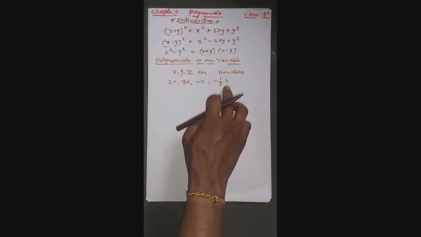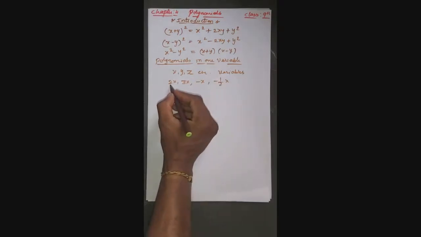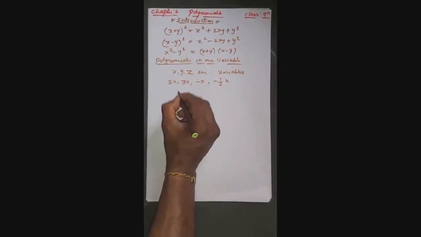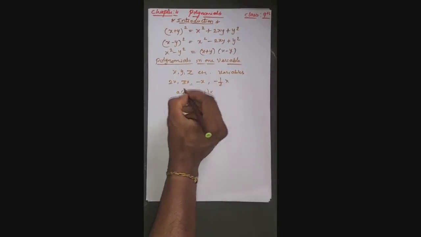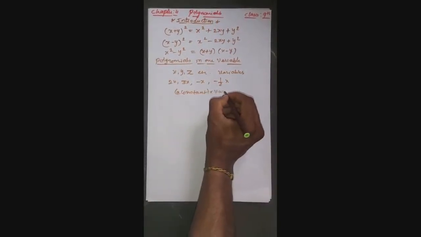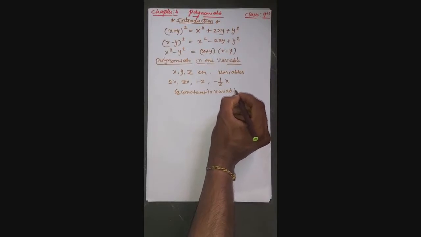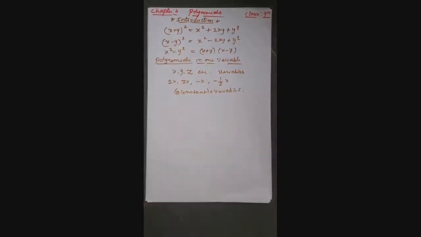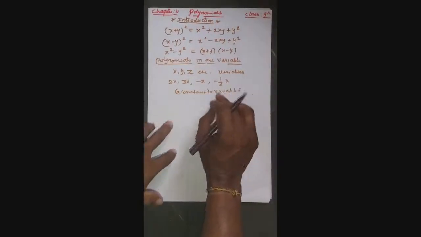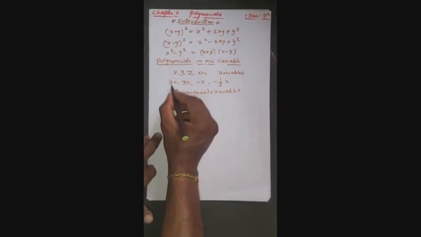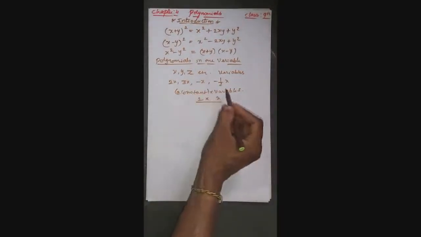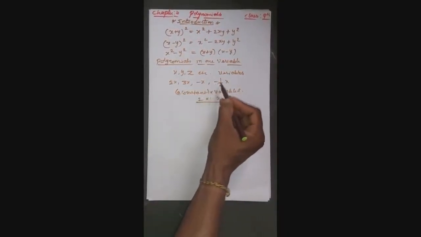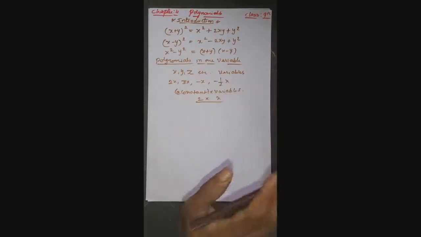All these expressions are of the form a constant into a variable. So it can be written as a constant, for example here 2 into x, 3 into x, minus 1 into x, minus 1 by 2 into x, right?